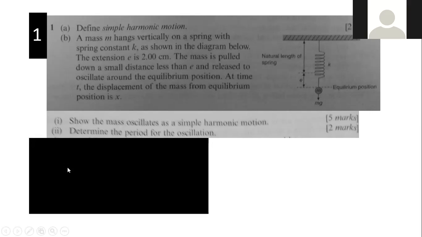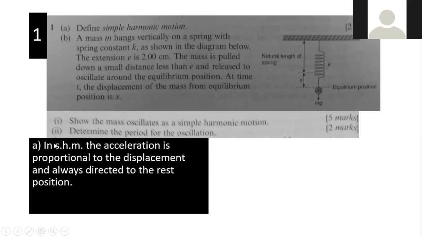It's just memory work. 2 marks. In simple harmonic motion, or SHM, the acceleration is proportional to displacement and is always directed towards the rest position. That's all. A mass M hangs vertically on a spring with spring constant k as shown in the diagram below.